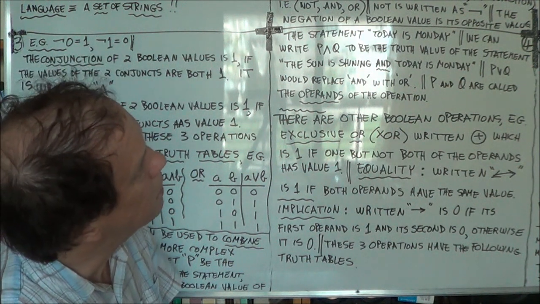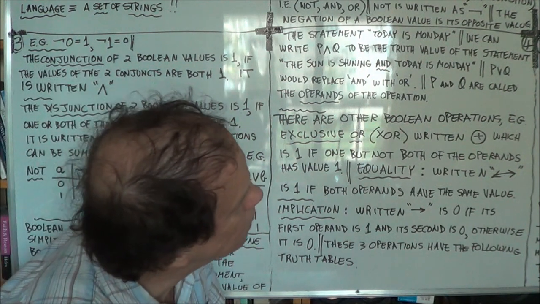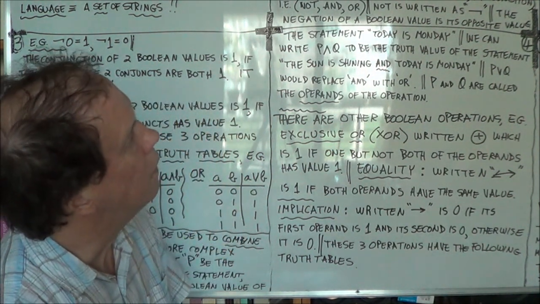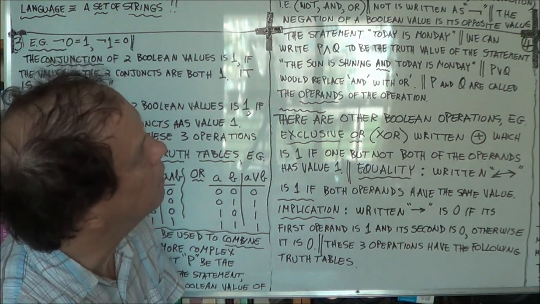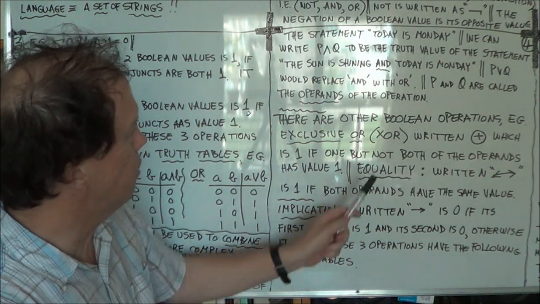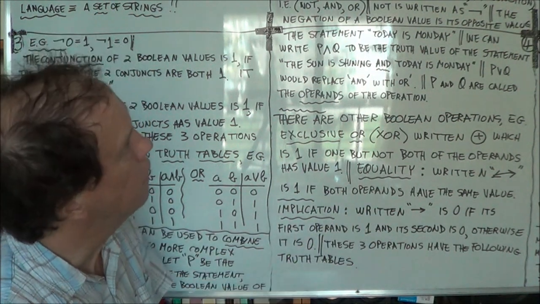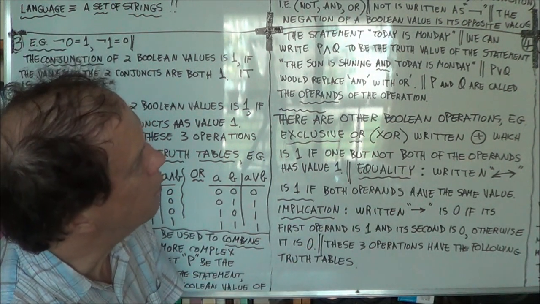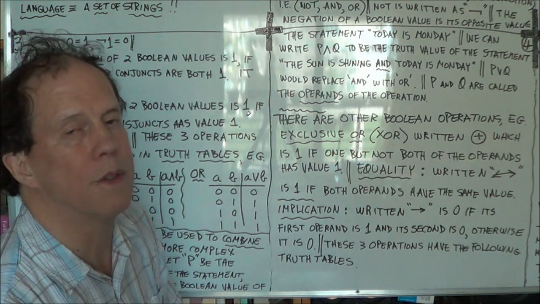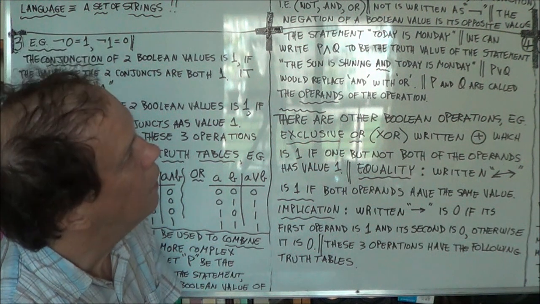So next session, we'll keep talking about Boolean logic. I'll give you the truth tables for these three operations: exclusive OR, equality, and implication. I'll talk about something called the distributive law, which is analogous to arithmetic.